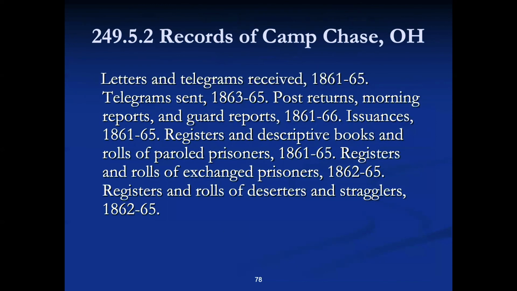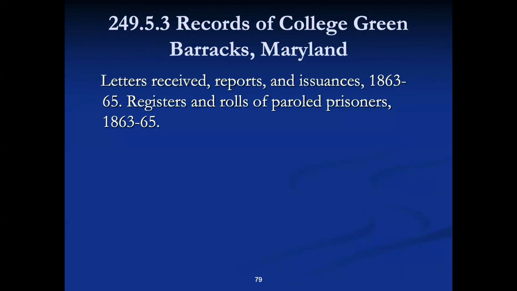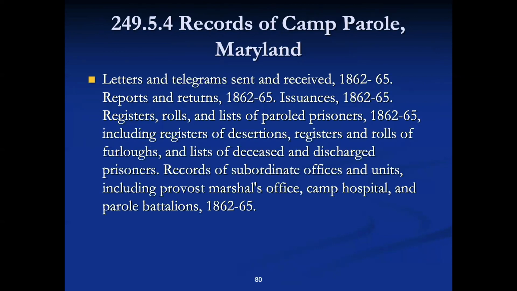There are records of Camp Chase, and these are individuals who are deserters and stragglers. In other words, these actually are Union people who they're putting in prison. The College Green Barracks in Maryland, that's associated with Camp Parole outside of Annapolis, and as are the records of Camp Parole itself.